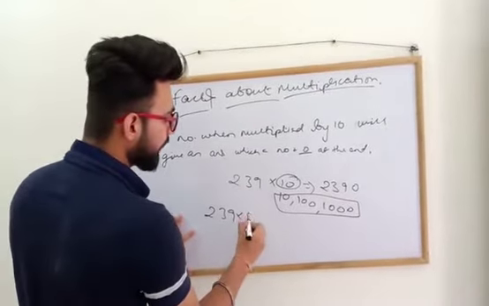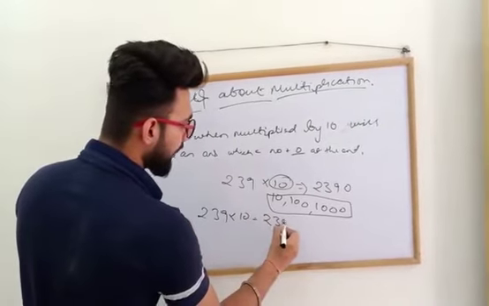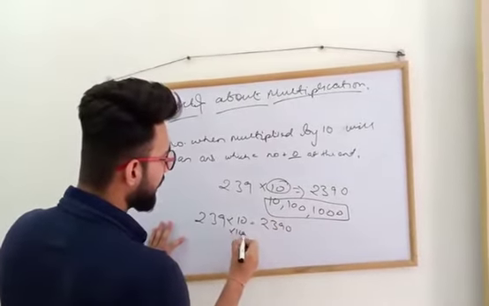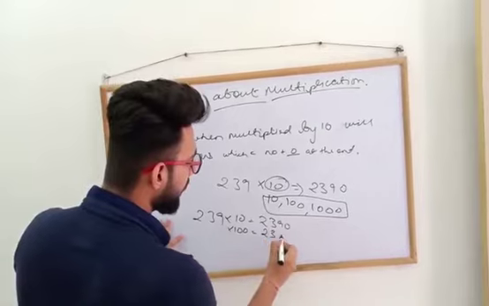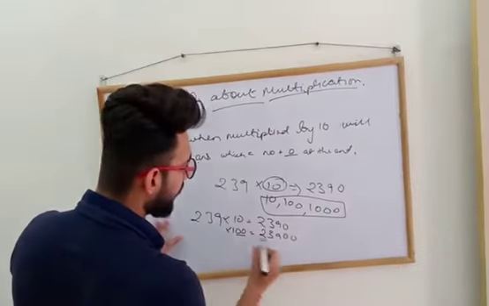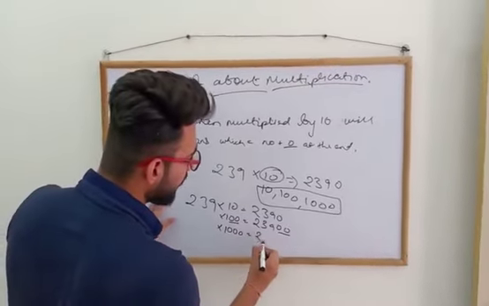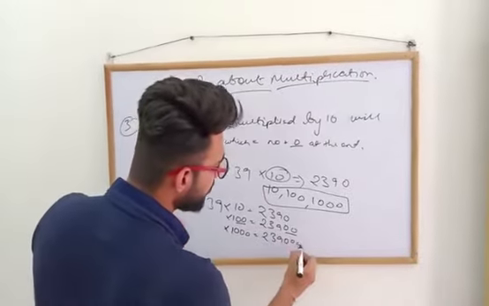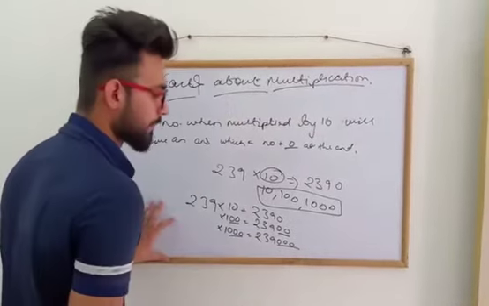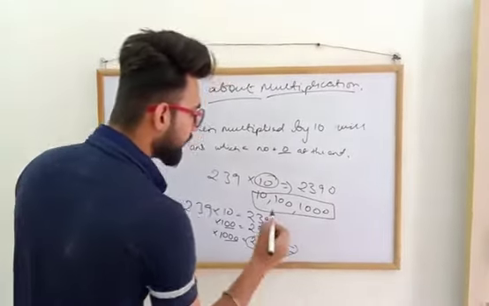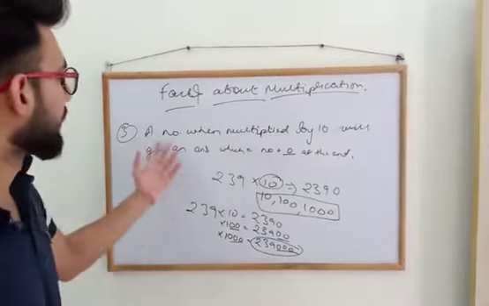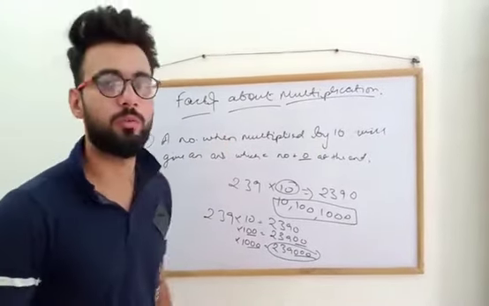We multiplied by 10, we got the answer 2390. If the number is multiplied by 100, we will get the number 23900, as 2 zeros are over here. And the same number multiplied by 1000, we write 239000. 3 zeros and 3 zeros. So, in this way, we conclude the third fact and the last topic of today's video.